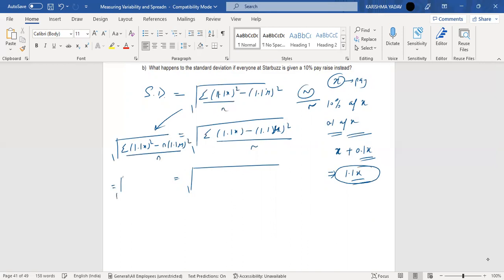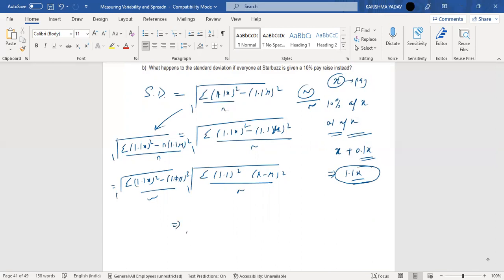Now writing this into the summation part, 1.1x whole square minus 1.1 mu whole square, so we can write it as the summation of 1.1 whole square times (x minus mu) whole square, divided by n.